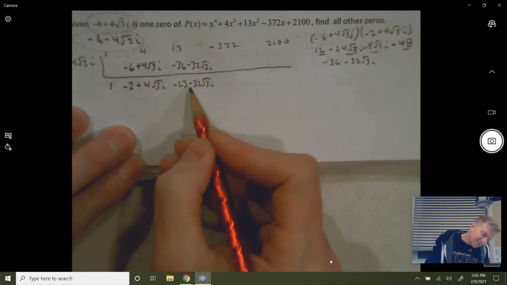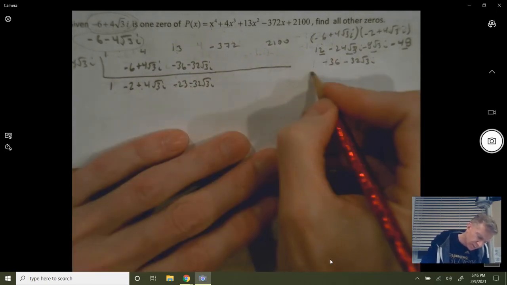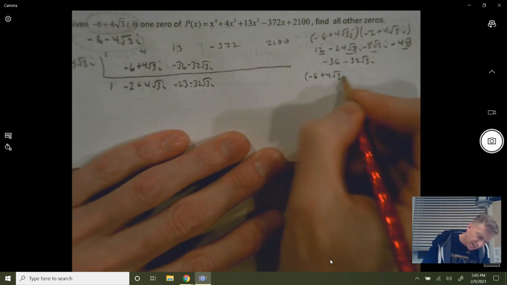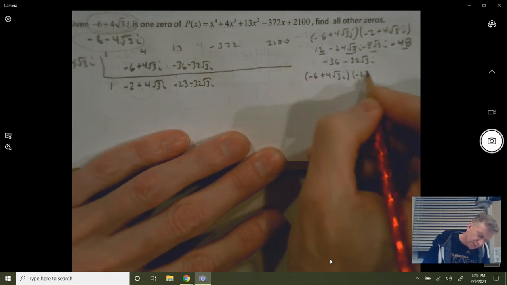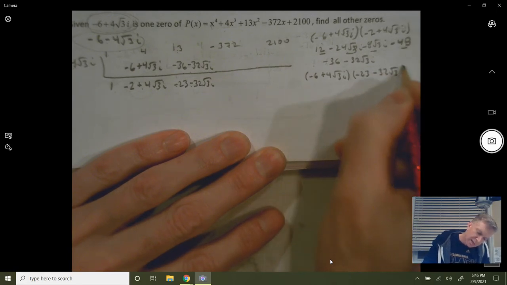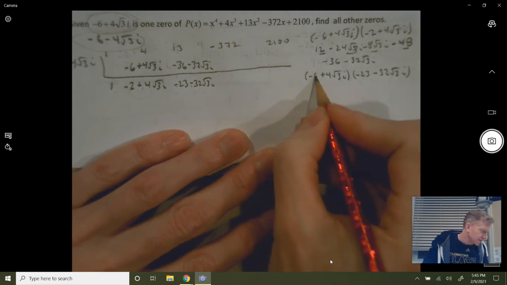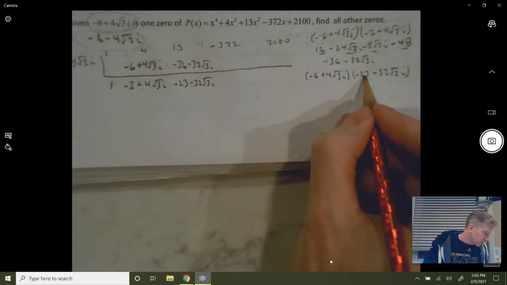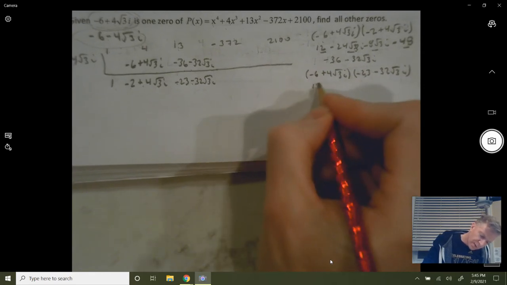Now I need this times this, so I'm going to do negative 6 plus 4 rad 3i times negative 23 minus 32 rad 3i. Multiply these together: negative 6 times negative 23 gives me 138.